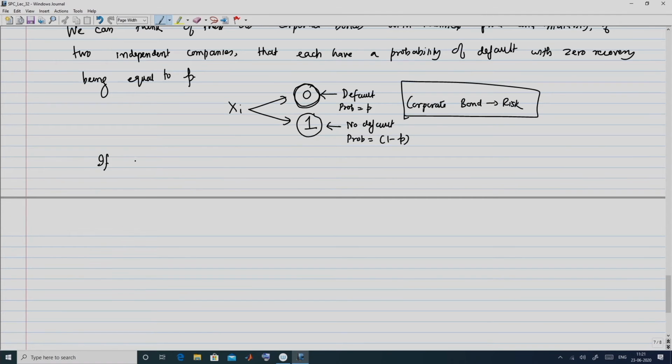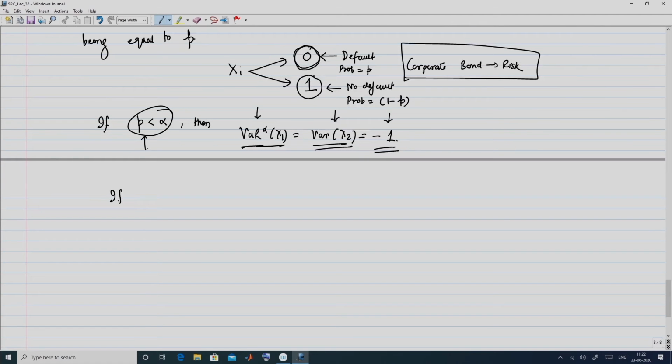So, now suppose that p is strictly less than alpha. You would have chosen some alpha and p is strictly less than alpha, then it follows that VaR of x1 is the same as VaR of x2, which is equal to minus 1. So, this means that if p is less than alpha, then your value at risk for x1 or x2, individually both of them, is equal to minus 1. That means an exclusive investment in the first bond or an exclusive investment in the second bond results in the value at risk being equal to minus 1 if p is less than alpha.